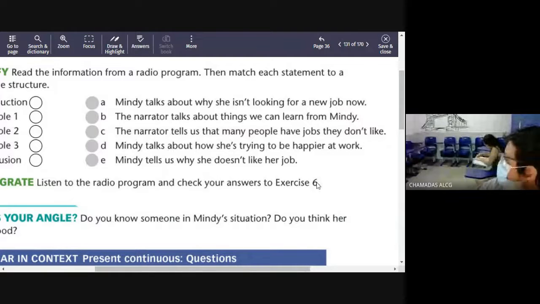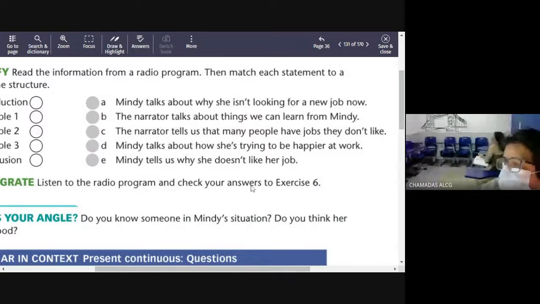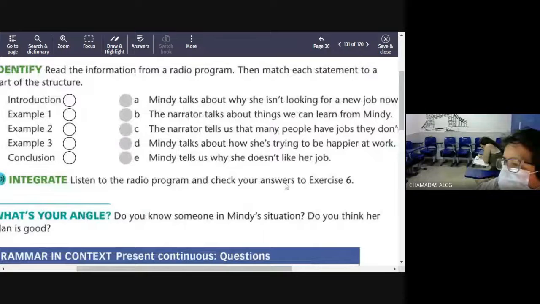What do you think? I would say the introduction would be.